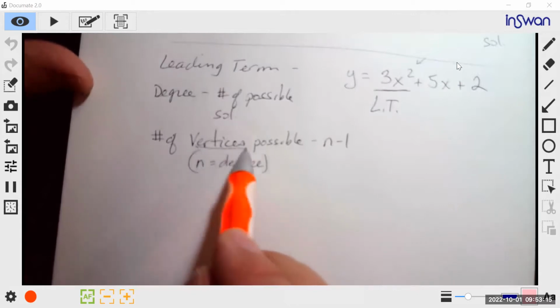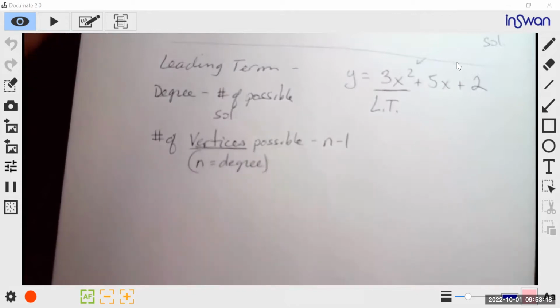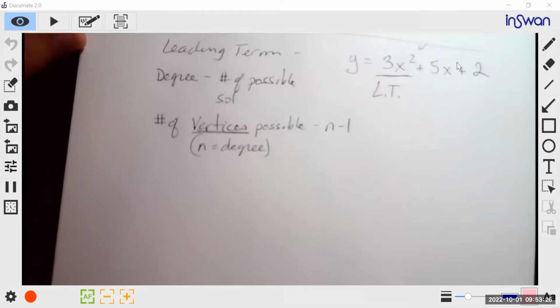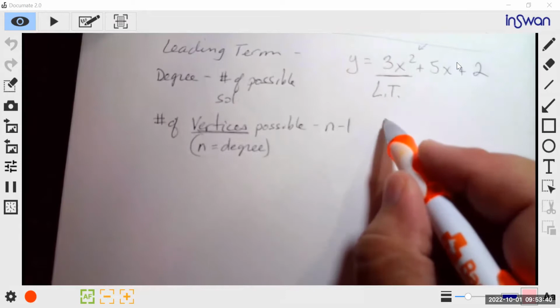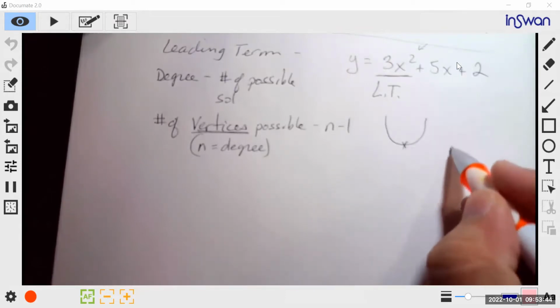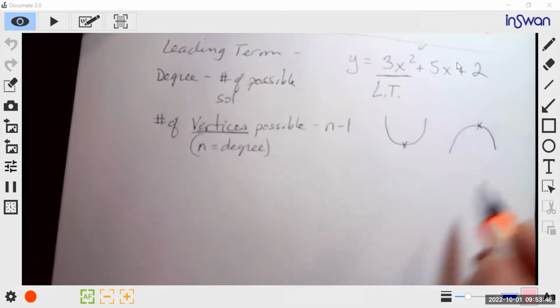So what's a vertex? You've heard that word before. What's a vertex? What do you mean endpoint? It's not, okay. Yes. Yeah, it's the highest or the lowest point. That's the vertex.